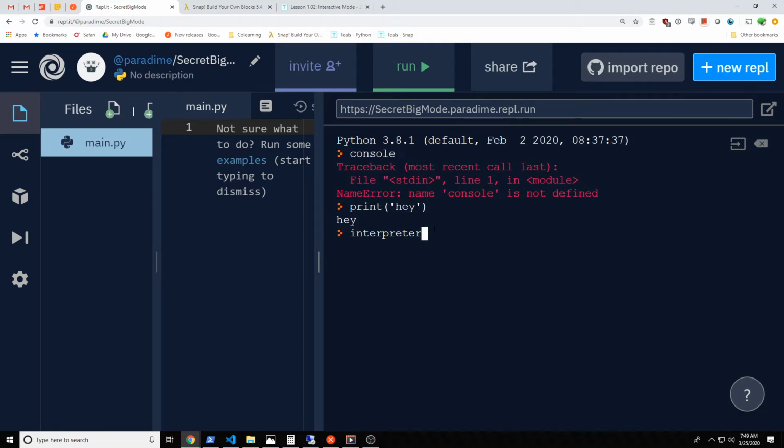It tries to convert Python into something that a computer can understand. A computer cannot understand the word print or these characters hey, but the interpreter turns this code into something that a computer can understand so that it knows, all right, put out the characters hey.